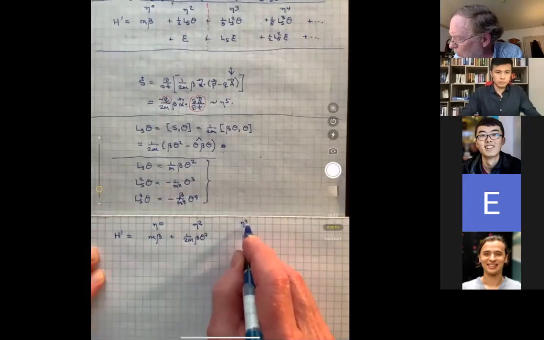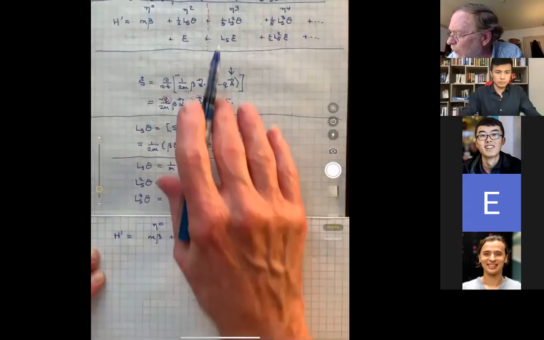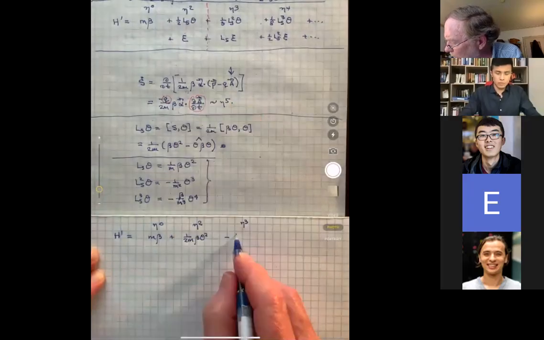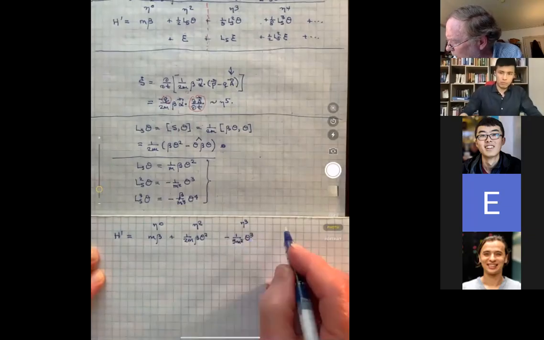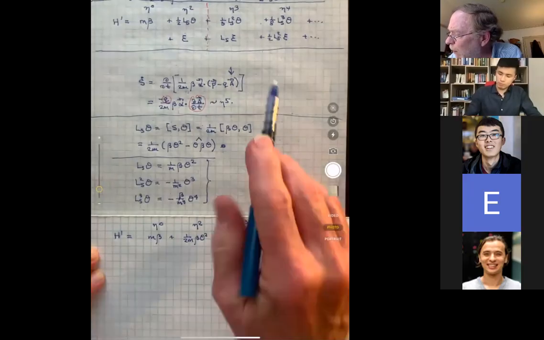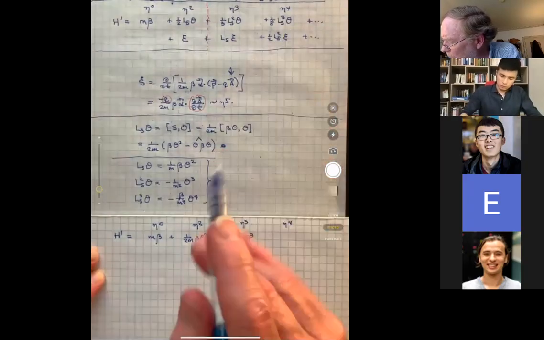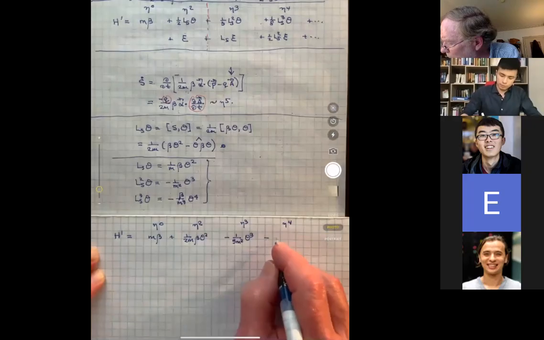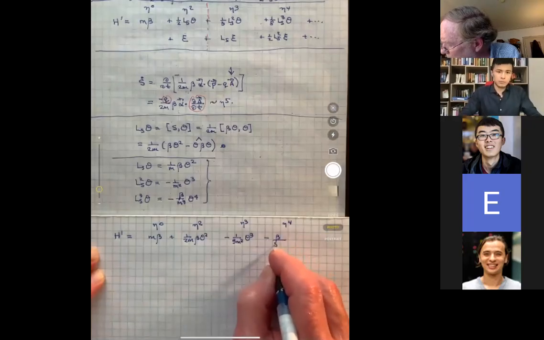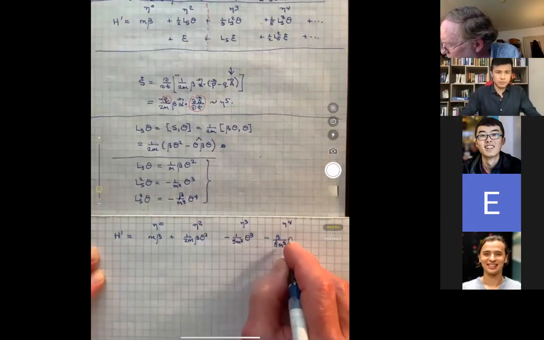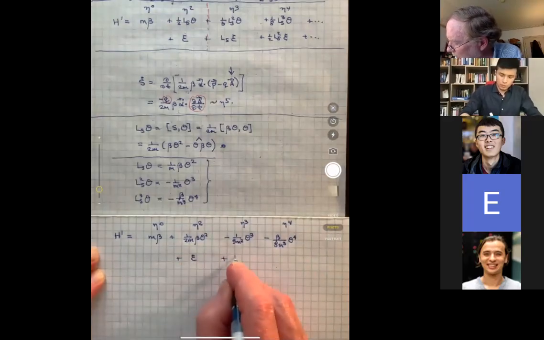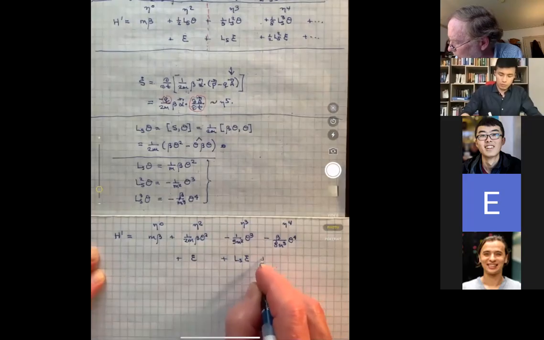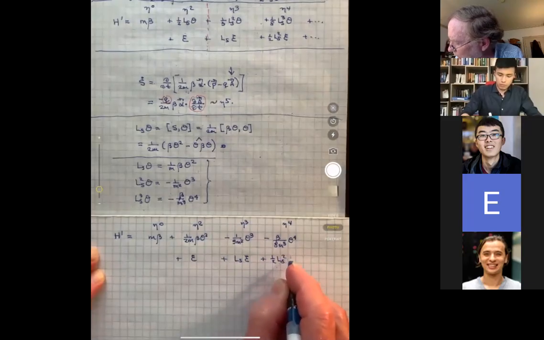At order eta cubed, we have minus 1 over 3m squared times O cubed. And in order eta to the fourth, we have minus beta over 8m cubed times O to the fourth. And then the E series I'll copy, LSE plus 1/2 LS squared E.